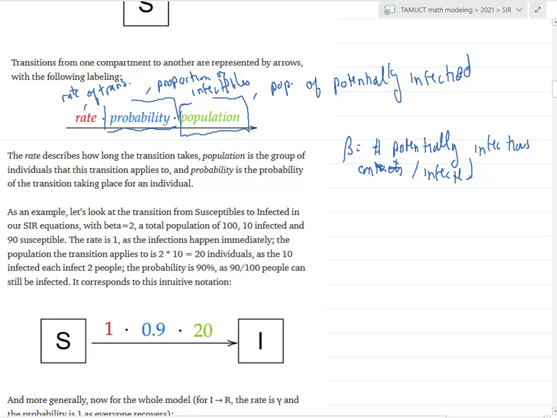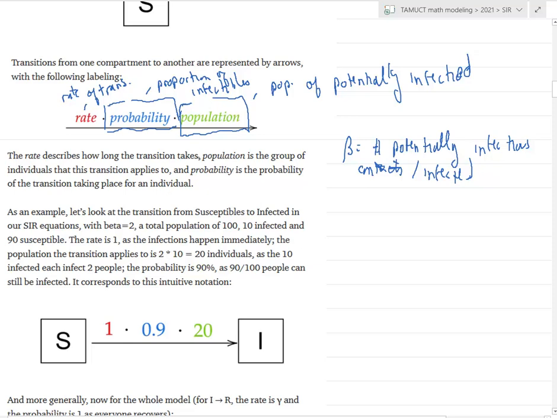Because what he says is that an infection, if it happens, happens immediately, which is unlike recovery, because recovery takes place at a rate. If you have the disease, a certain proportion recover, and that's what he's calling rate. So this is sort of an arbitrary way to divide it up, but the way he divides it up is consistent.